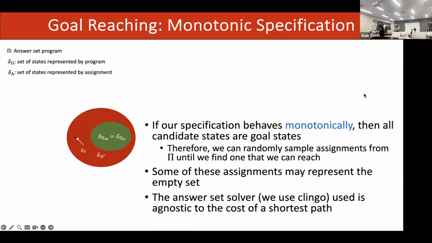So here in this black dot, assume this is where I start from. This is my start state. Assume this circle represents the set of all possible states. This green is then going to represent a set of goal states. And I then want to find a path from this dot to a state within this green here.